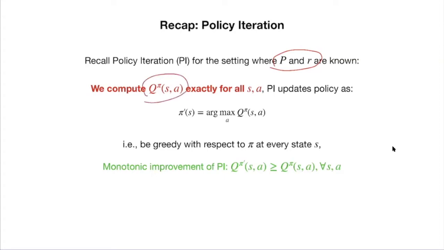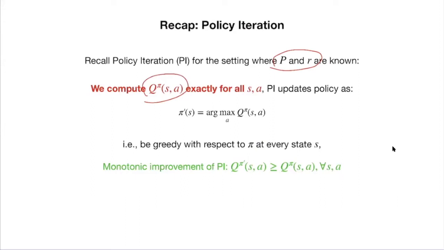If you recall, we had two algorithms for computing the Q value. One is the exact algorithm, where you take some matrix inverse and solve a linear system. The other approach is that you apply some iterative fixed point iteration algorithm to compute the value for this policy.